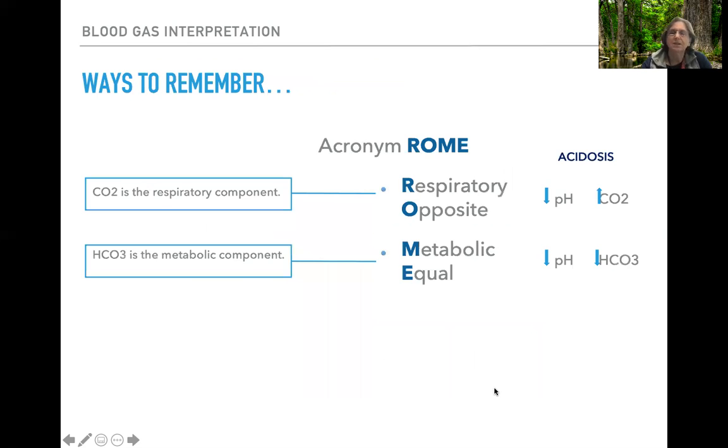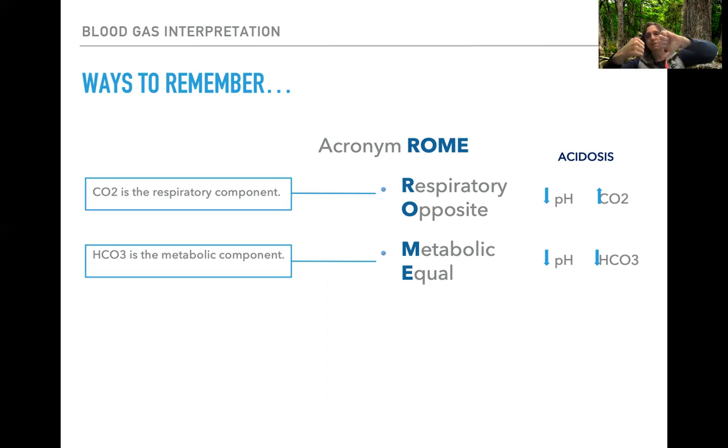Okay, so ways to remember, CO2 is your respiratory component. Remember the acronym ROME: respiratory, opposite, metabolic, equal. So with respiratory alkalosis or acidosis, your pH in acidosis goes down. Well, you'll see that your CO2 or your acid component goes up. So it's always going to be opposite.